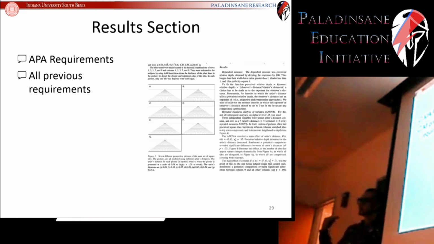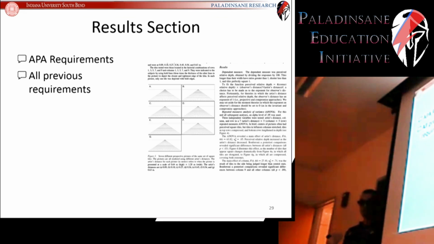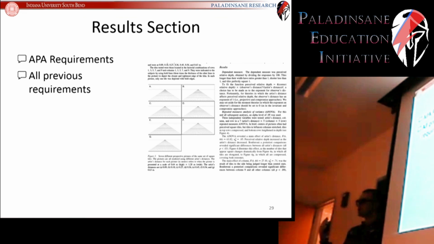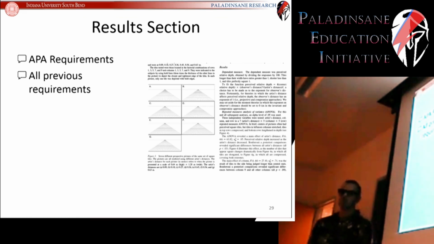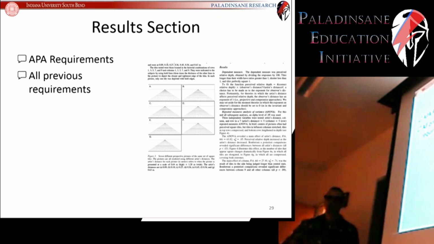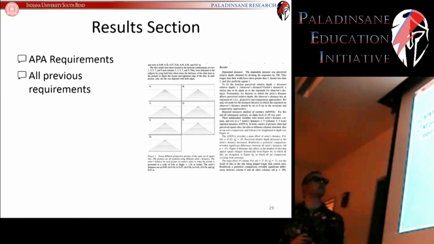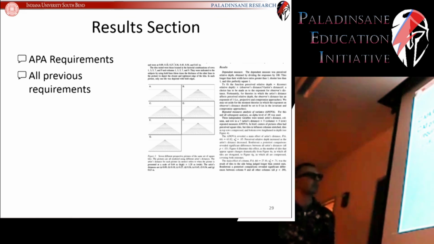So you will see that this results section has headings. It's got different levels of headings. It's got a level 1 heading and level 2 headings, and actually level 3 headings, and we're going to make sure that those headings are formatted. It still has to have the 1-inch margins all around, still has to be Times New Roman font. So all the previous requirements that we introduced in the method section, they're still in play.